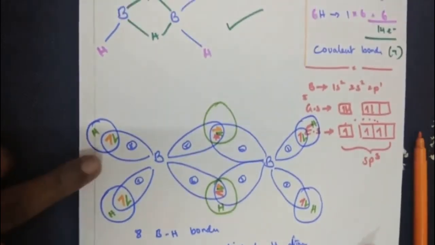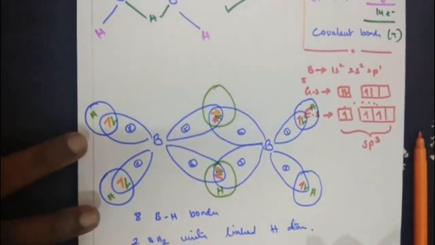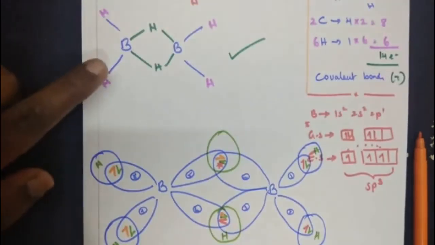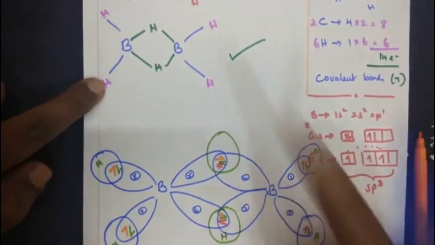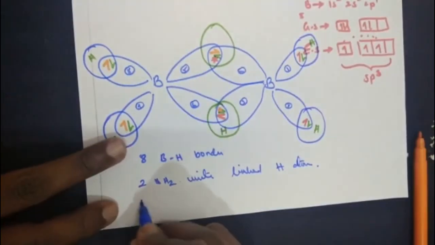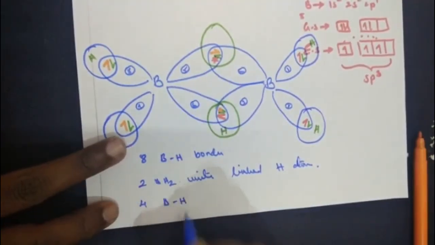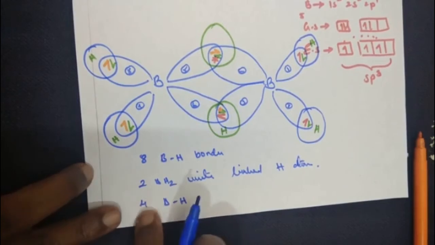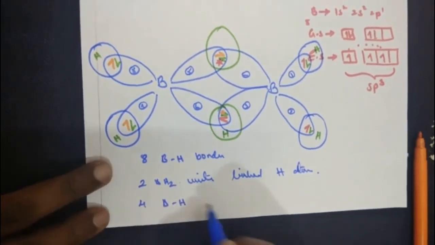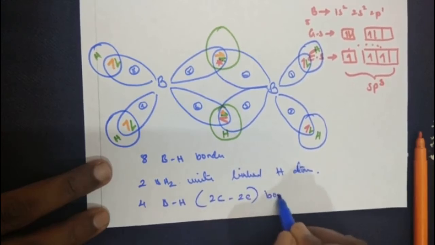The next one: now you need to know how many terminal bonds there are. How many terminal hydrogens do we have? 1, 2, 3, 4. So we write 4 BH terminal bonds are available. These 4 BH terminal bonds are also called two-centered 2-electron bonds.